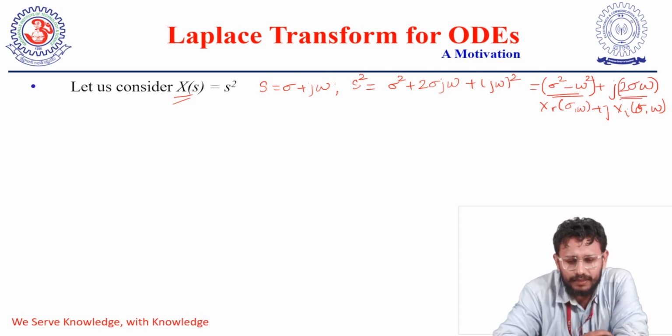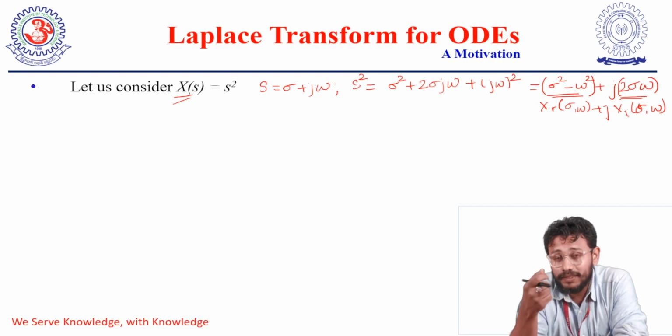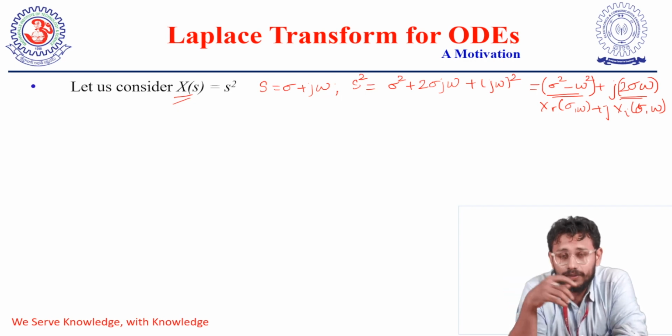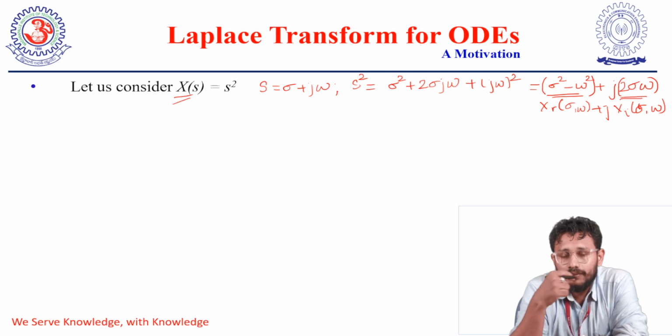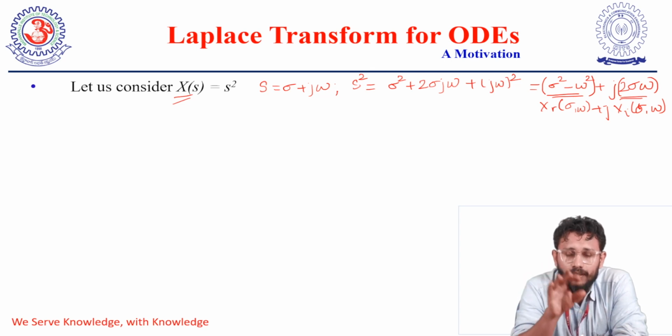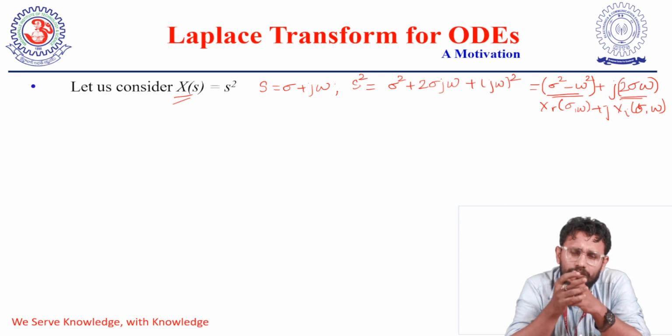When I choose any function in the S domain, I would expect it to have two parts, the real part and the imaginary part. It is quite possible that either of these is equal to 0. However, if you choose a point in the S-plane, or define a function in the S-plane, it would generally bear a real function of sigma and omega and an imaginary function of sigma and omega.